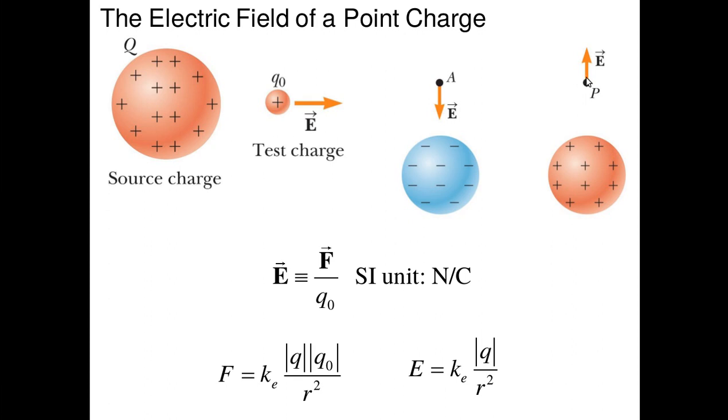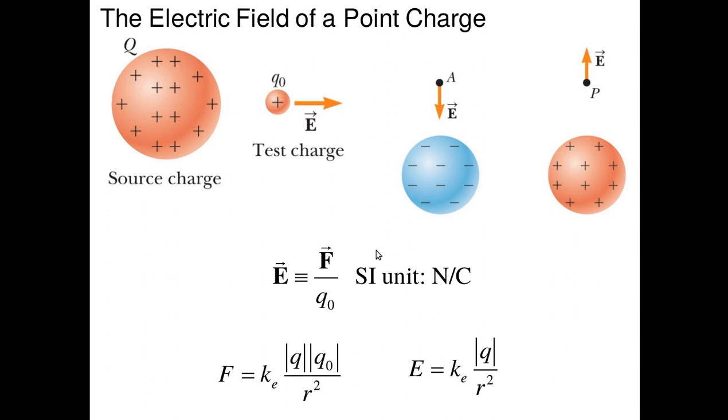If our source charge was positive, the electric field would be pointing away. So the electric field points in the same direction that a positive charge would feel if it was at that location. But we're dealing with no charge there. We're just calculating the field at that location, regardless of what charge may be there.